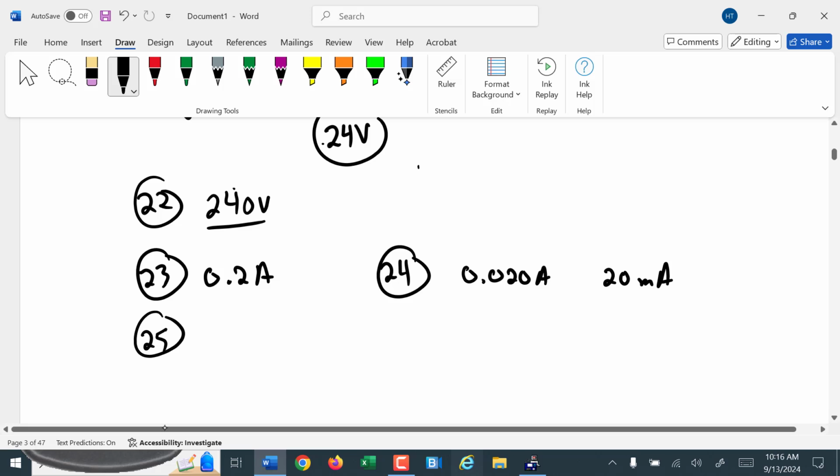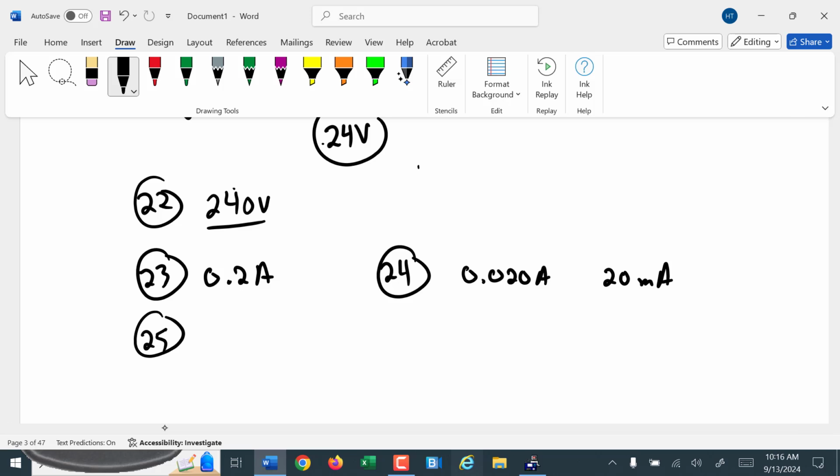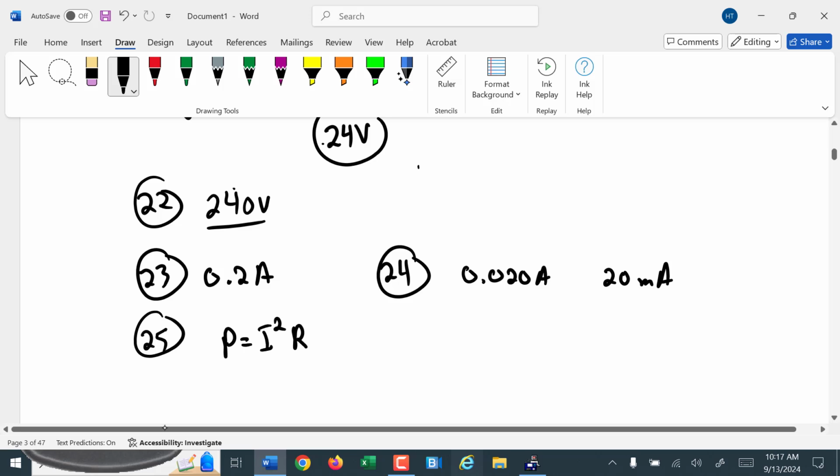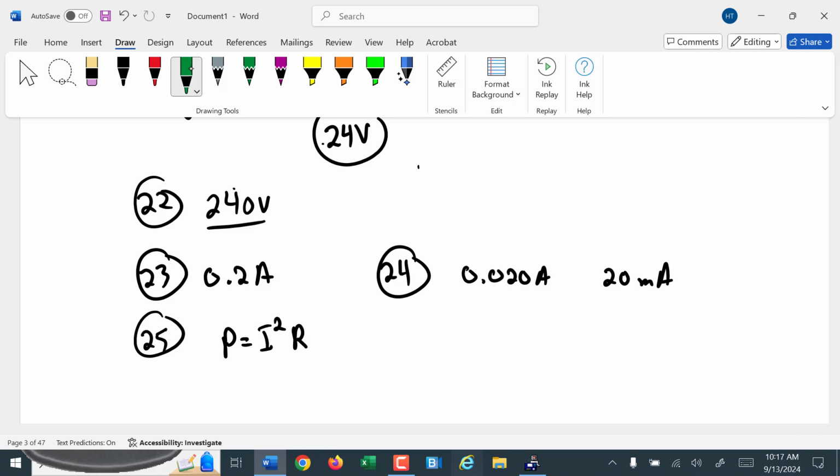25, calculating the current from the power and resistance now. Power equals current squared times resistance. So to solve that for the current, we divide by the resistance and then take the square root. So the current is the square root of the power divided by the resistance.